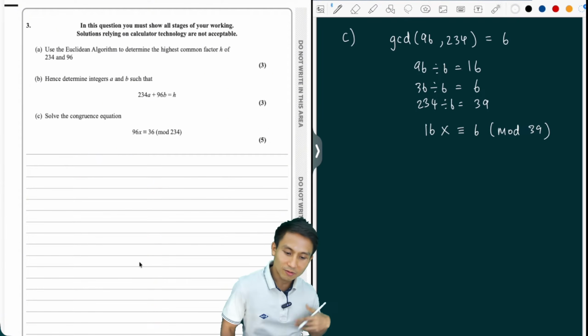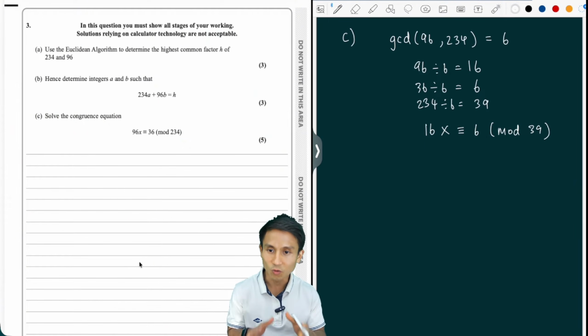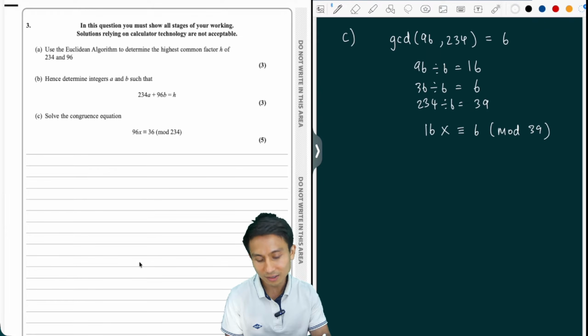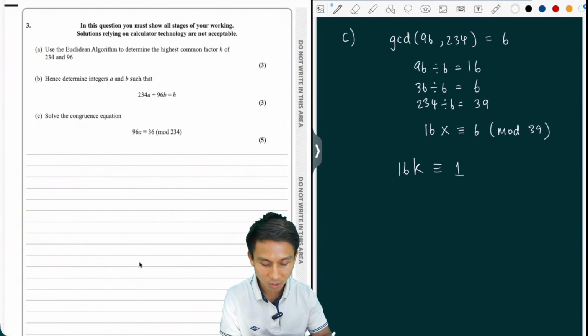now from this part, if you want to solve for x, it's just like algebra, almost like you want to solve for x. But to do that, you need to find some inverse of 16 here, that when you multiply both sides by some number, let's say it's k, it's going to give you the equivalent of 1 in the same modulo, 39.